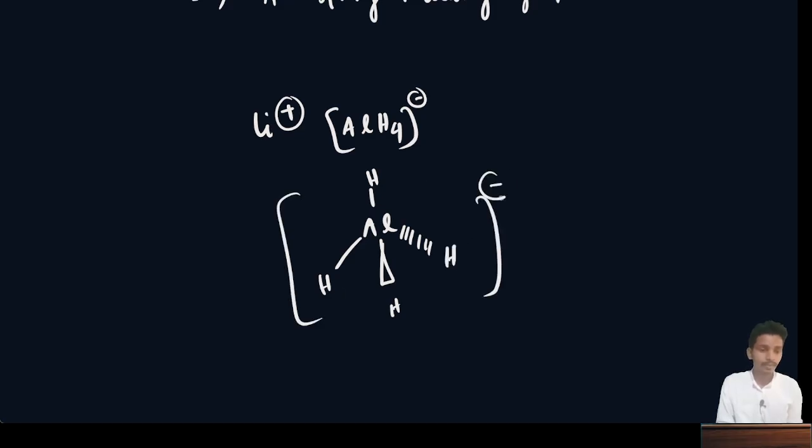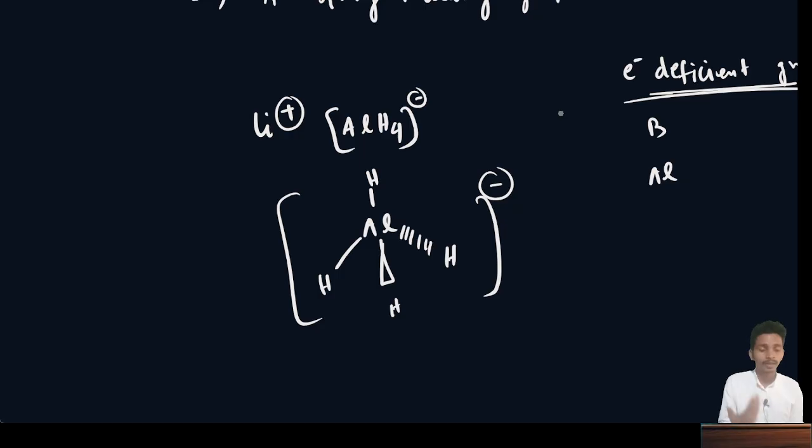In the boron family, aluminum and boron are generally electron deficient groups.